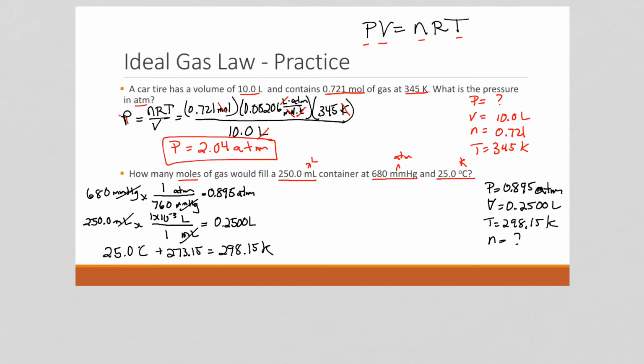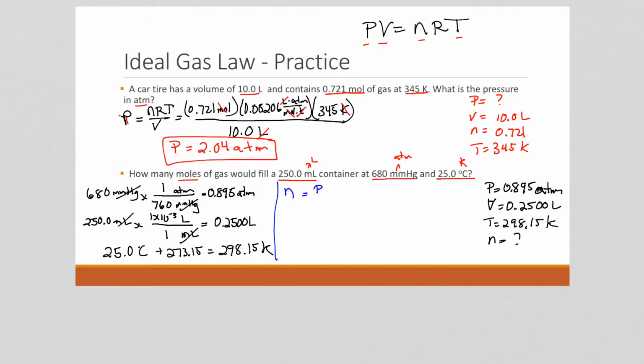Now that I have all the right numbers and all the right units, let's do the math. If I rearrange for n, I'm going to divide both sides by RT.